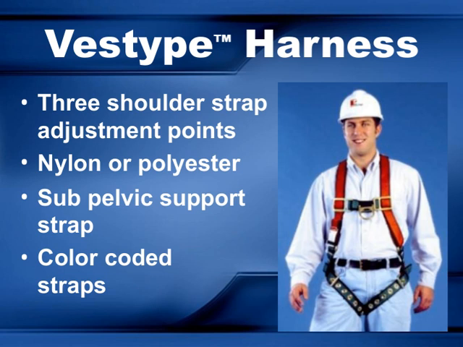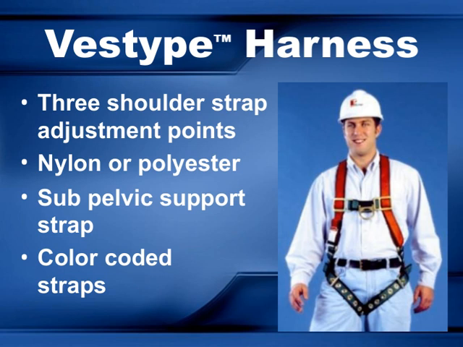Moving on, you'll notice the subpelvic support strap. This component is crucial because it helps stabilize the harness and distribute forces more evenly, enhancing safety during use. Finally, the straps are color-coded. This feature simplifies the fitting process, making it easier to identify and adjust the correct straps quickly.